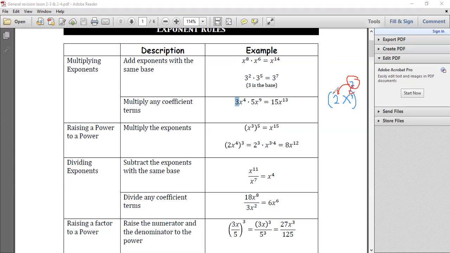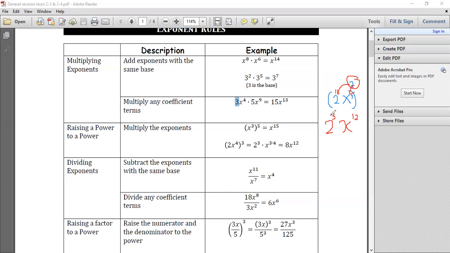The power for 2 here was how many? To the power of 1. Then we keep 2 the same, and we multiply 3 times 1, which equals 3. And then we have x. 4 multiplied by 3 equals 12.